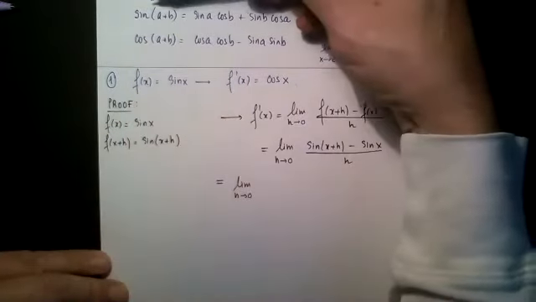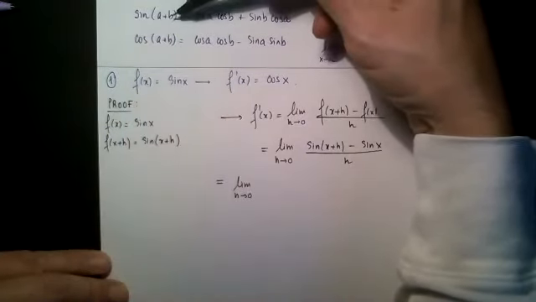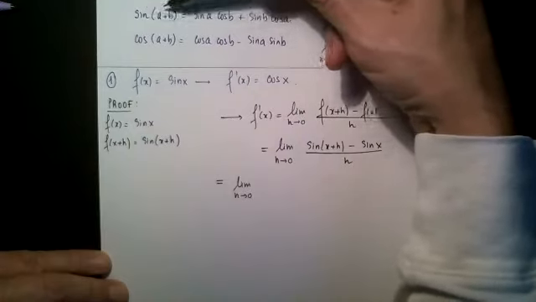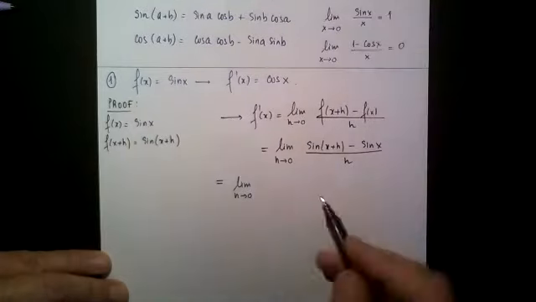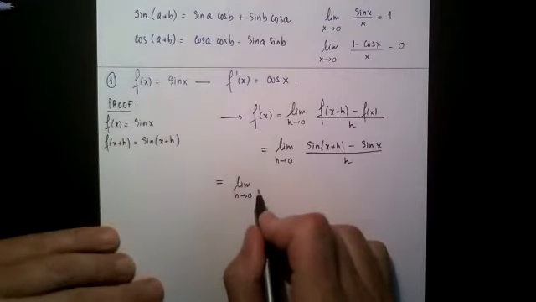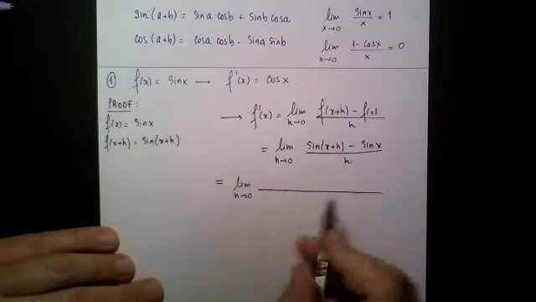Okay, so we have an identity up here for the sine of the sum of angles. Could you help me out here?